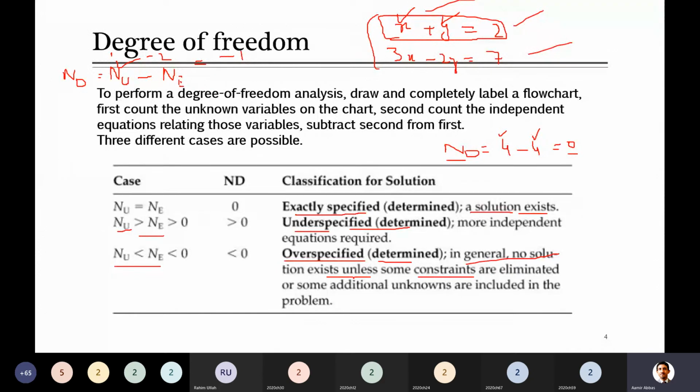So this is called degree of freedom analysis, and when you do a degree of freedom analysis, you have to finally reach an exactly specified system. Unless it is exactly specified, it will be difficult for you to solve the problem. So that's what is called degree of freedom analysis. Up to here, if you have any question, please let me know.